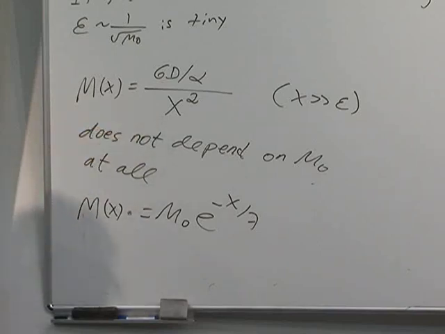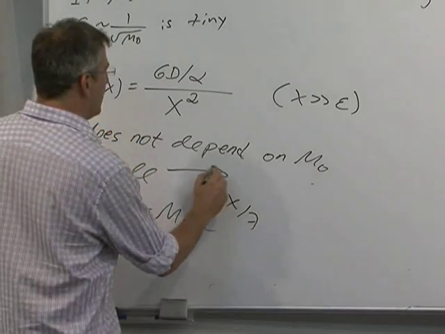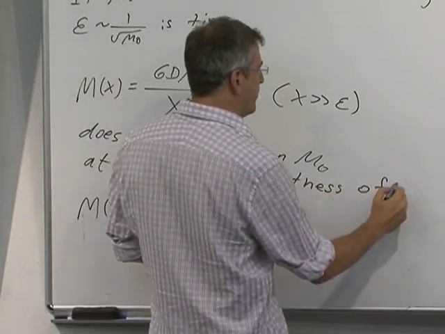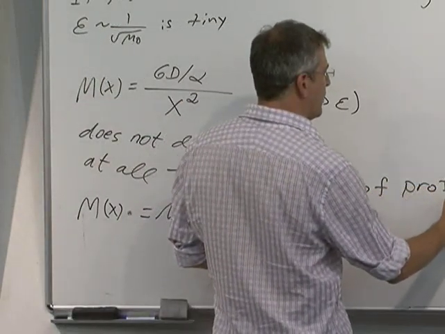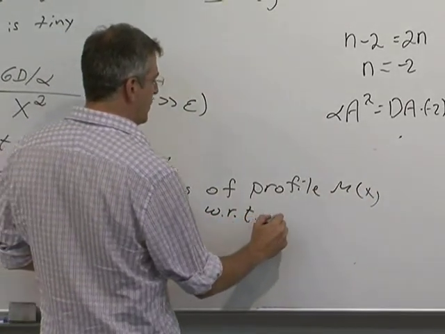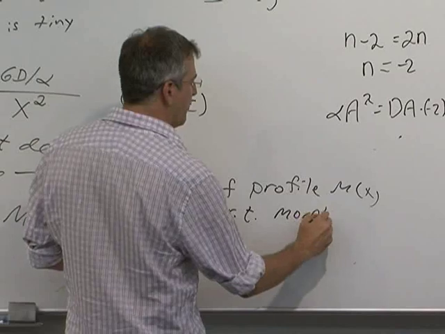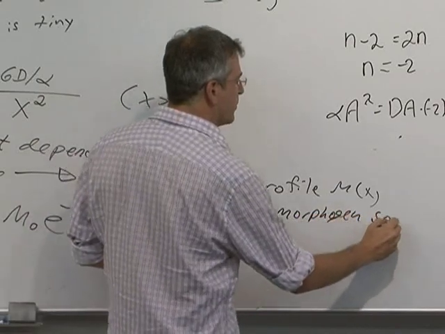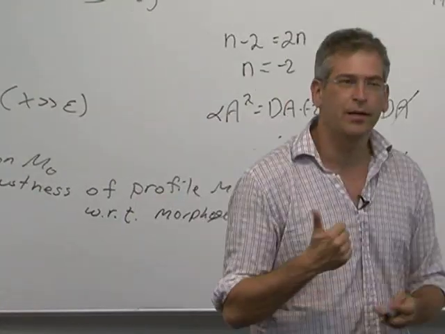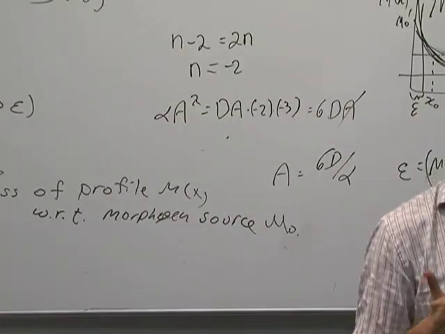Which means we have robustness of the profile m of x with respect to the morphogen source m0. And therefore, in these kinds of patterns, we gain long range, because it's 1 over x squared.